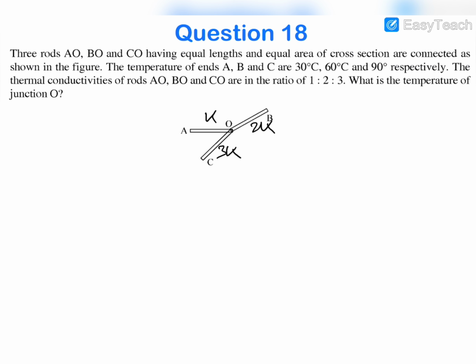So the temperature of A is 30, of B is 60, and of C is 90. Let us apply the nodal method. So TO minus 30 upon RA.